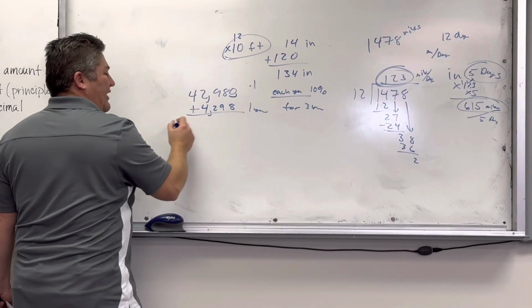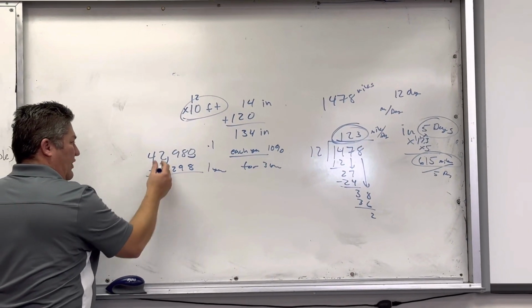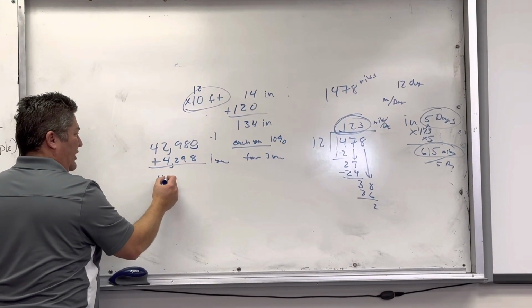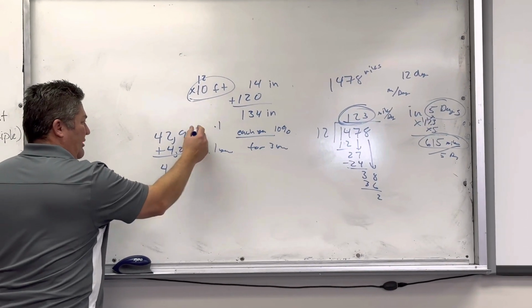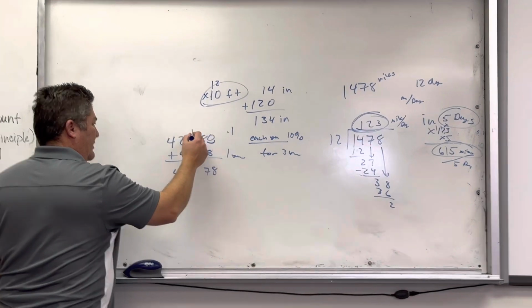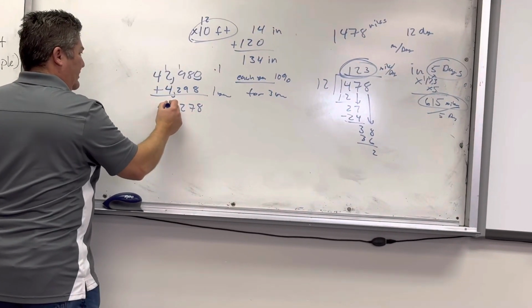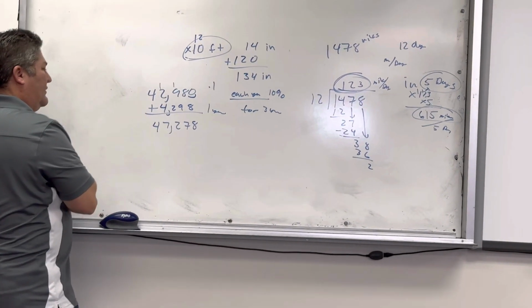Okay, I'm going to add that to it. How much money am I making now? Oh wait, I better do it from the back. 8, 7, carry the 1, 12, carry the 1, 7. Okay, so this is how much I make after year 1.